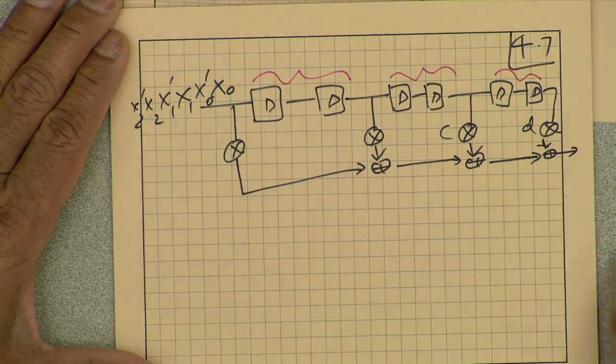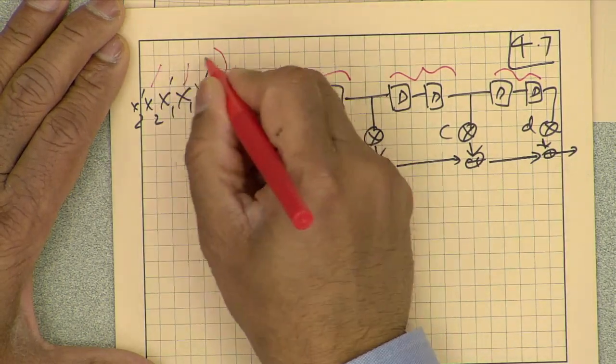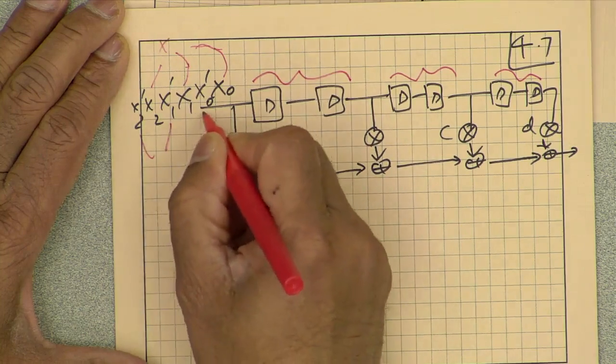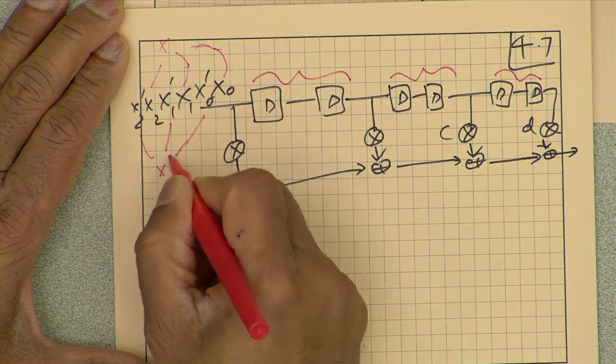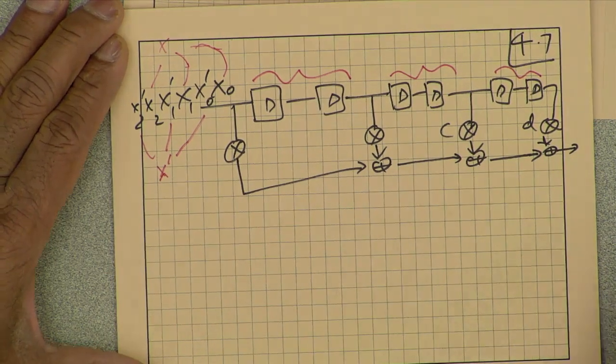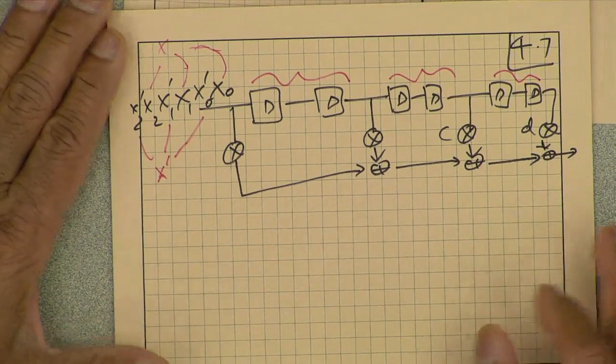As you can see, x0, x1, x2 belong to time series x, and x2', x1', x0' belong to time series x'. So we interleave the corresponding samples in this data path. That's all we have done.